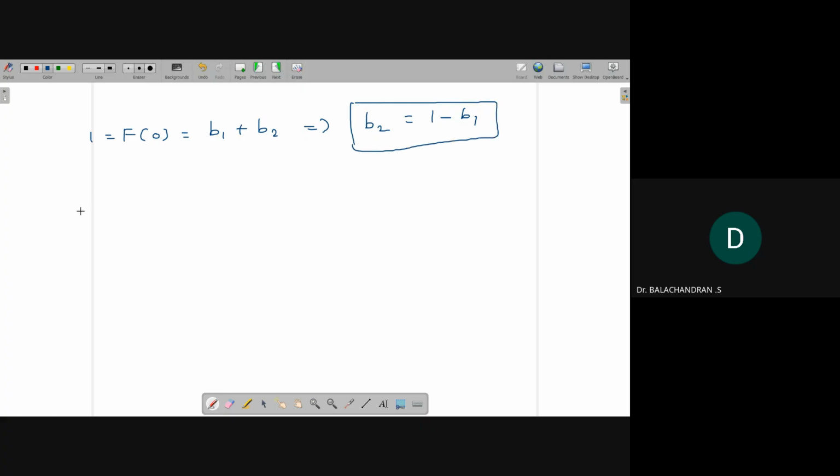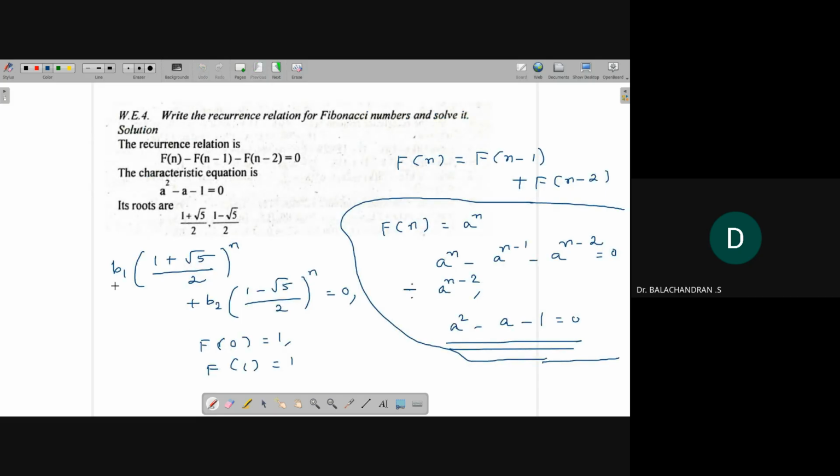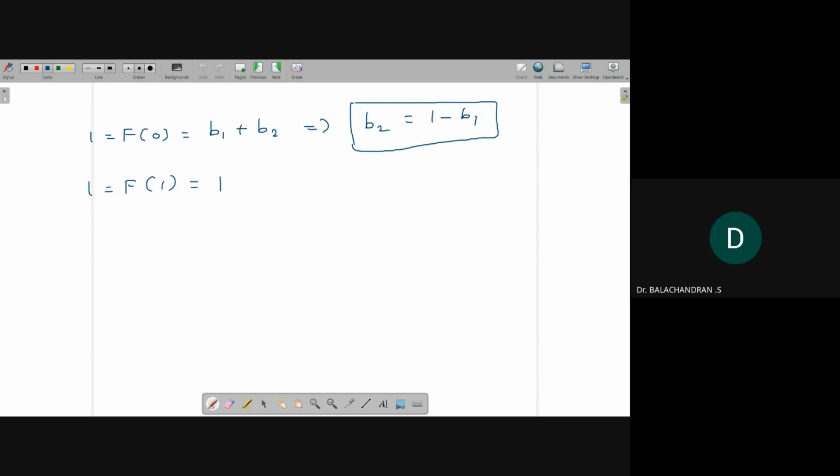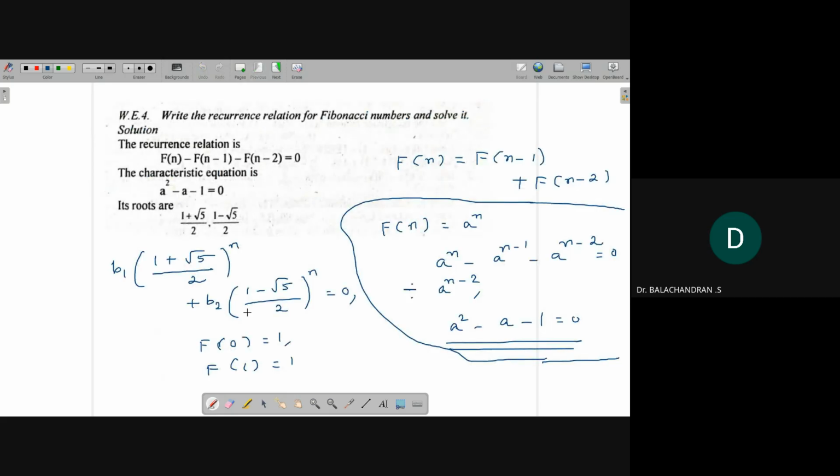Now second one, f of 1 equal to 1. So f of 1 is 1 means b1 into (1 plus root 5 by 2) plus b2 into (1 minus root 5 by 2), n is 1.